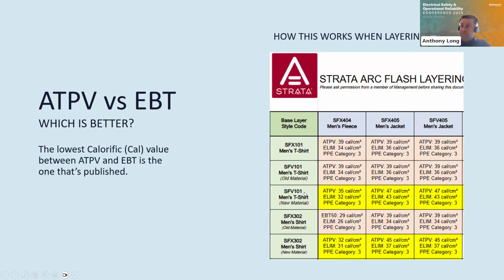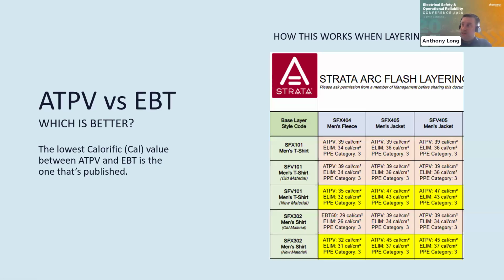When we change to the new fabric, which again is a lower cal rating but EBT, and compare the two together, the fleece and the t-shirt is 35 cal, so we get a drop of 4 cal. But when we test the t-shirt underneath the soft shell, we then get a 47 cal. In this one, both the soft shell and the t-shirt are EBT garments.